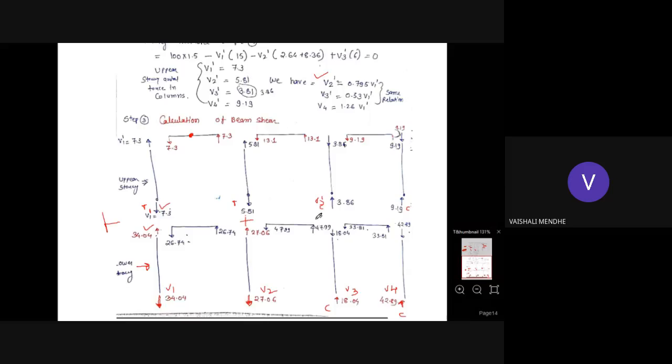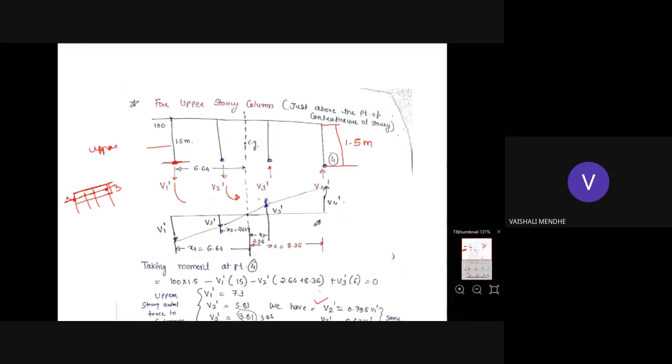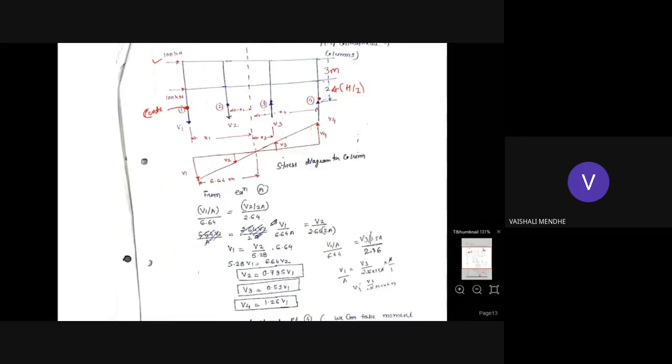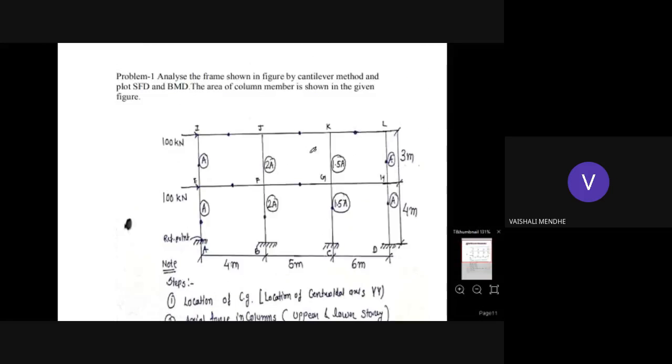Whatever I have explained to you, you have to go with the same process and solve the problem. The frame will be given to you in this way. Generally we ask up to a 2-storey frame because it requires time for the calculation. Only this load will get changed, and if the area is not given, you have to assume the same area for all members. Okay.